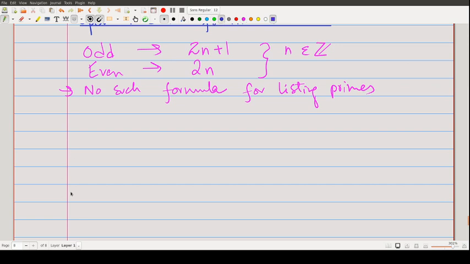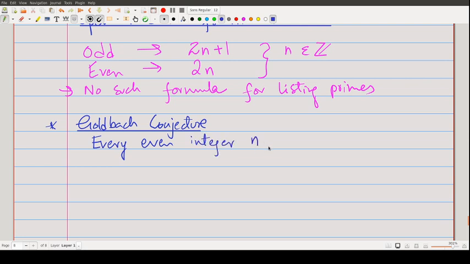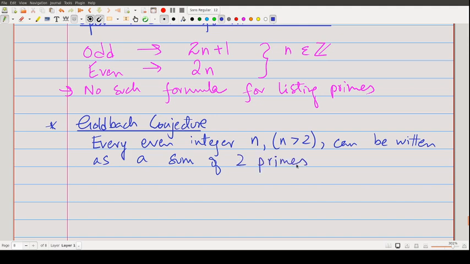And secondly, there are some open problems as well. There is a conjecture called the Goldbach Conjecture, which says the following: every even integer n, where n is greater than 2, can be written as a sum of 2 primes.